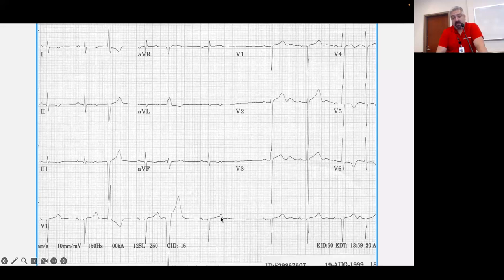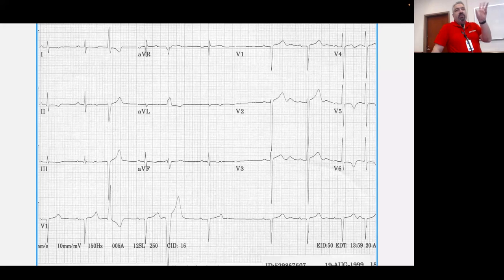Now look at this T wave compared to this T wave. So there is a PAC in here that is getting blocked. So this is a blocked PAC, this is an aberrantly conducted PAC, and then this is a normally conducted PAC. Those are the 3 different things that can happen when a PAC fires.